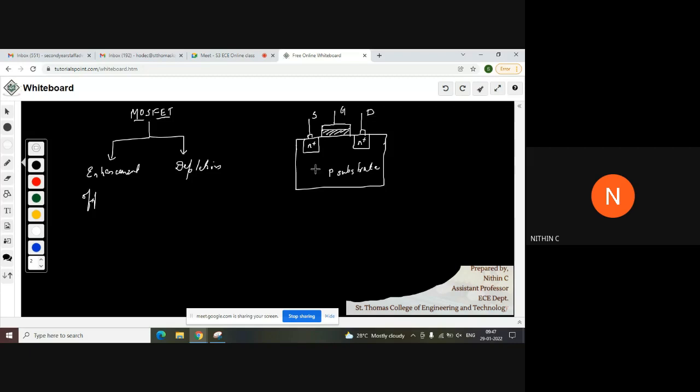Yes, this is actually the structure of MOSFET, metal oxide semiconductor field effect transistor.